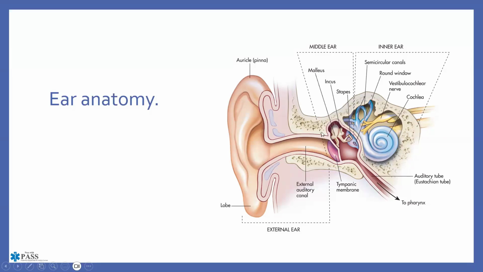So if you take your kids into the doctor for an ear infection, and they look at your ear, what they're trying to find is the TM, or the tympanic membrane, to see if it is a bulging tympanic membrane, telling us that there's some sort of fluid or infection maybe behind here, in which case the patient would have an otitis media, or middle ear infection, versus something on the external portion, or the outside of the tympanic membrane, which we would refer to as an otitis externa.